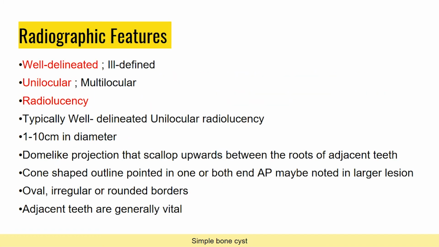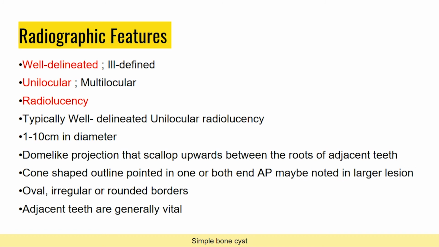Radiographic features of this lesion: it can be well defined or ill defined. It can be unilocular or multilocular. It is usually a radiolucent lesion. However, typically, a simple bone cyst appears as a well-defined unilocular radiolucency.